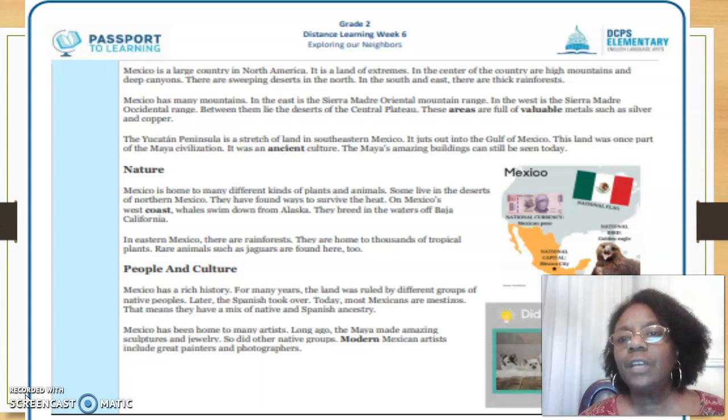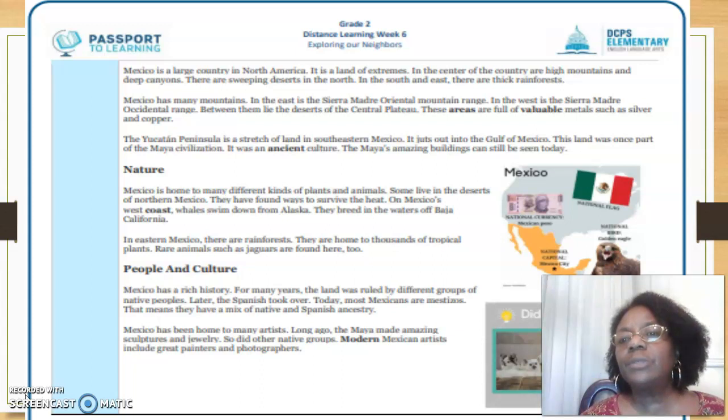Now, to the side of the text, you'll see some pictures. To the right, you'll see Mexico, and right under Mexico, you'll see a picture of a peso, which is Mexican currency, and a peso is about like a dollar would be in the United States.